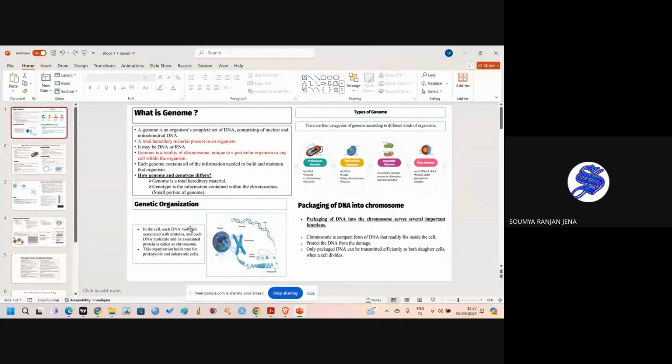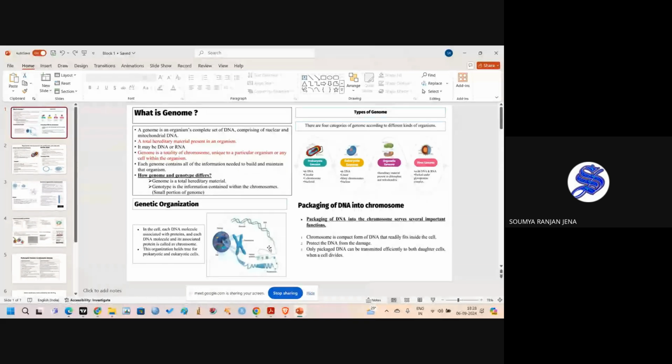Then the genetic organization, how this genome is organized in the cells. Each DNA molecule is associated with different protein molecules. That protein is called histone protein. This DNA molecule and its associated protein is called a chromosome.